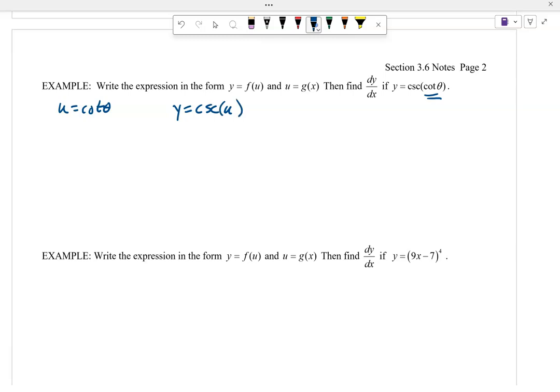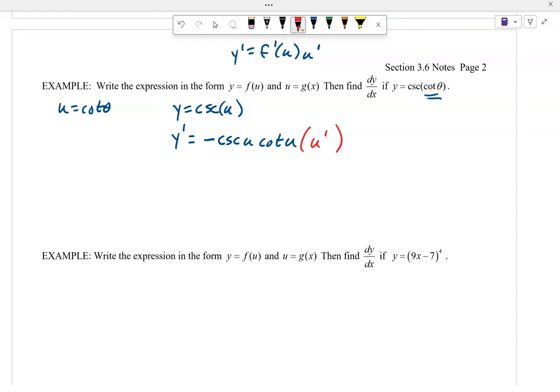And then I just look up the derivative of cosecant of u. Remember, we're doing y prime would be f prime of u, u prime. So let's take its derivative. I look up and say, oh, the derivative of cosecant is negative cosecant cotangent. But again, don't forget, now I've got to do u prime on this.